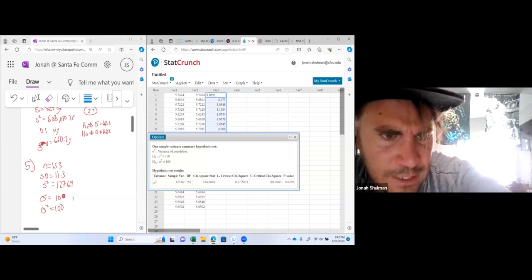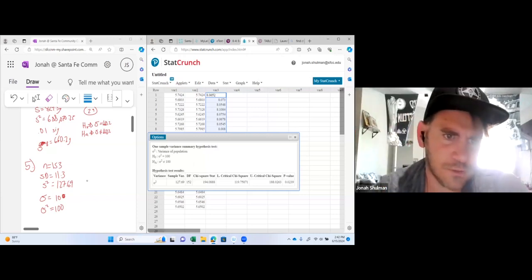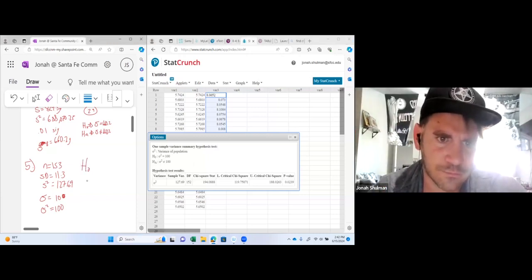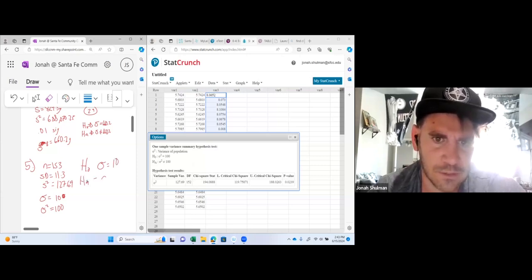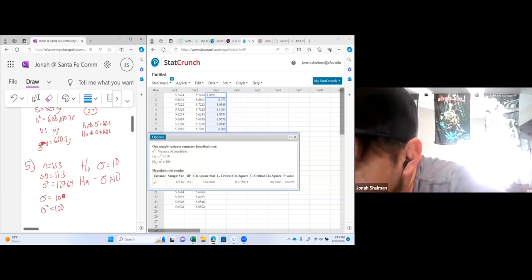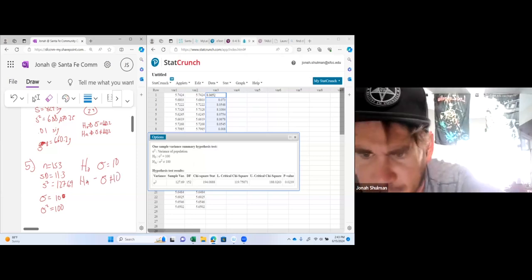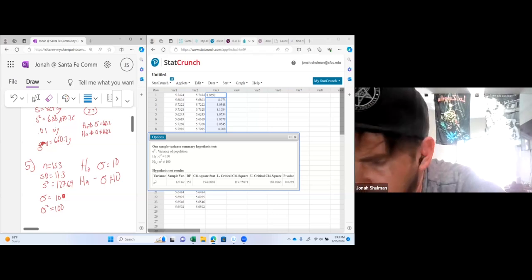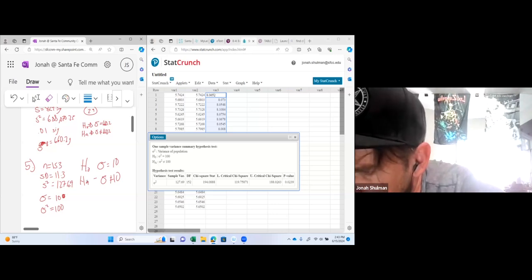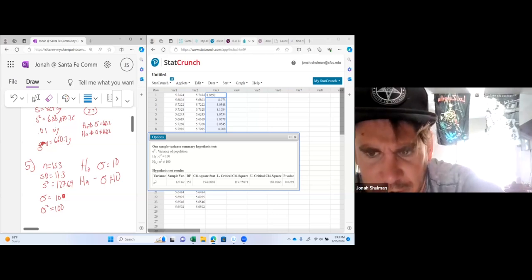All right, so the null hypothesis is that this is going to be equal to 10. The alternative hypothesis is that it's not equal to 10, which totally makes sense. Our chi-squared statistic here says 195.172.